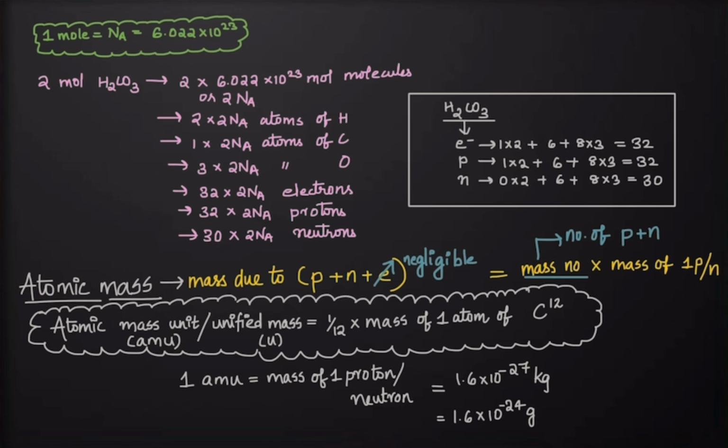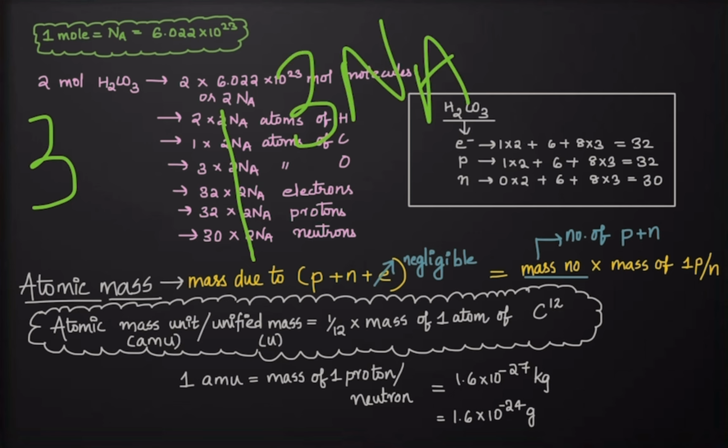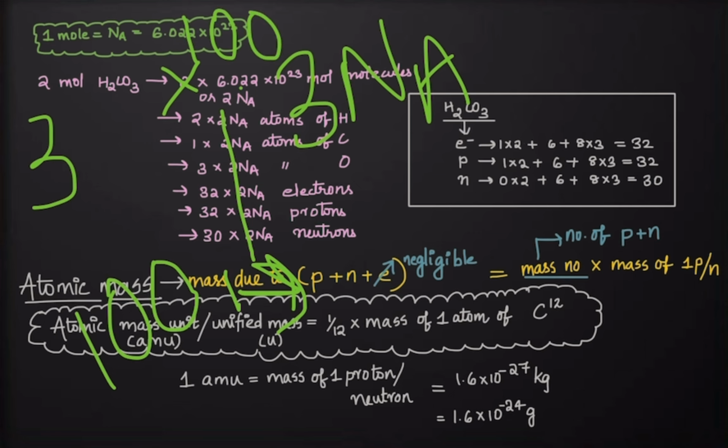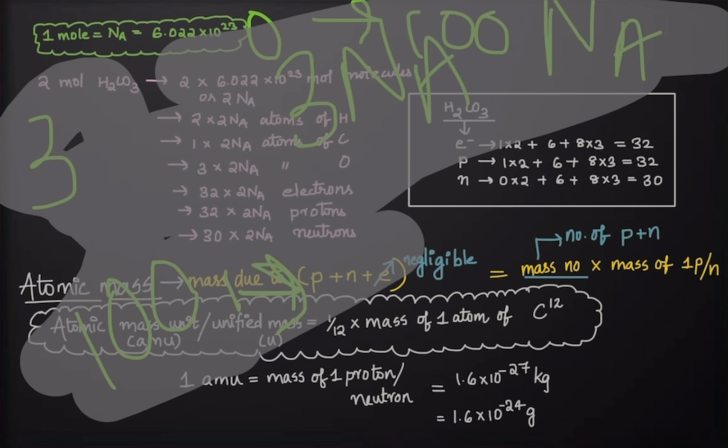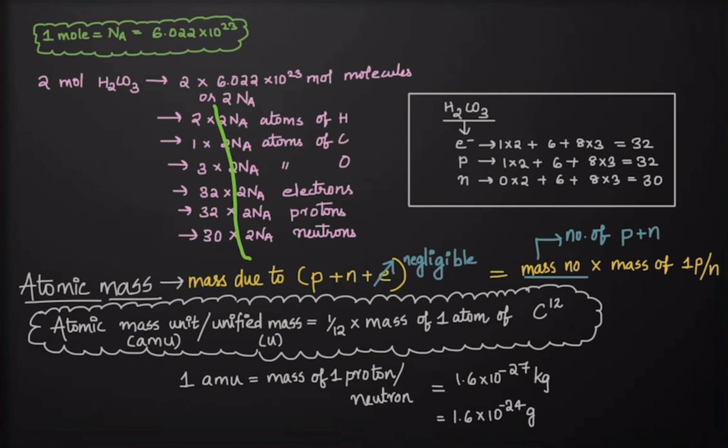If it is 3 mole, you have to write 3 Na in case of 2 Na. If it is 100 moles, you have to write here 100 into 6.022 into 10 raised to 23, or 100 Na. So you have to erase this 2 Na, and if 100 moles are present, you have to mark it as 100 Na.